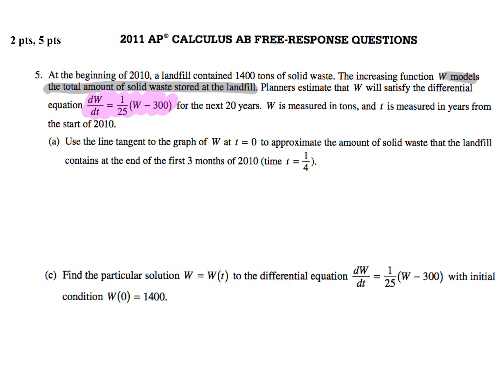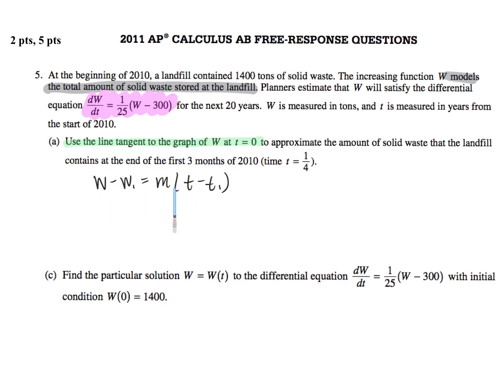So first we've got to write an equation of a tangent line when t is 0. This goes back to what we did in September. This is good old y minus y1 equals slope times x minus x1. But in this case, it'd actually be w minus w1 equals slope times t minus t1, because instead of y's and x's, we have w's and t's. AP does need us to use the right variables.